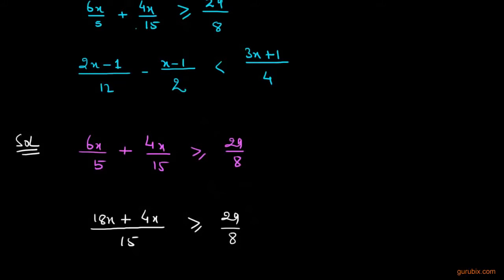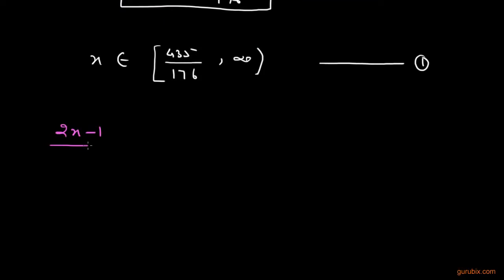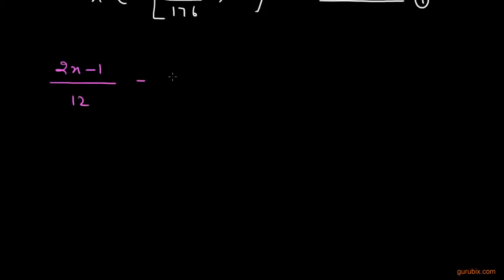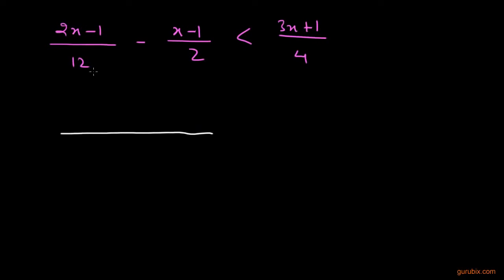And now we shall solve the second linear inequation, and that is (2x minus 1) over 12 minus (x minus 1) over 2 less than or equal to (3x plus 1) over 4. Now we shall take the LCM of these terms, and that will be 12.